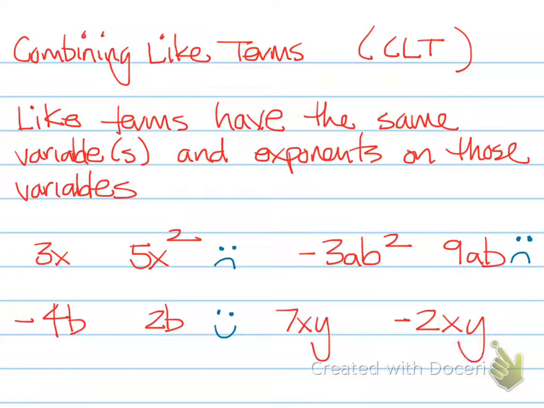And lastly, 7xy and negative 2xy are like terms because they have the same variables and the same exponents on those variables.